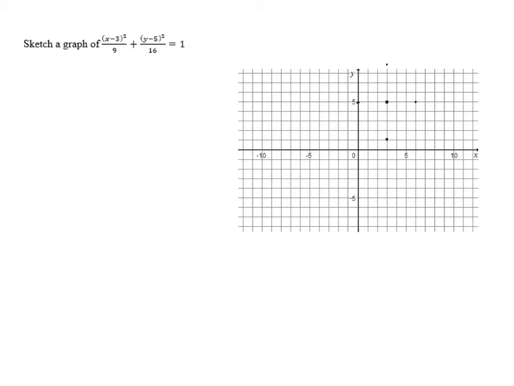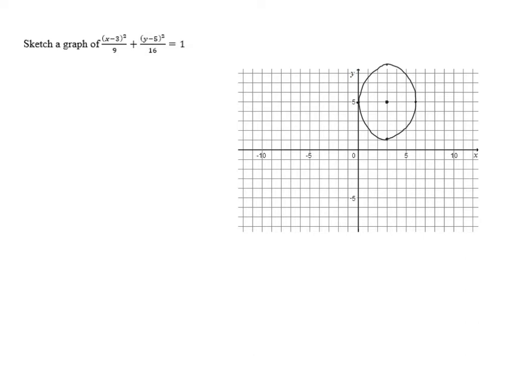And so these are going to be the vertices, the top and bottom points. And then the other 2 points are going to be the endpoints of the minor axis. And we can go ahead and sketch the ellipse now.